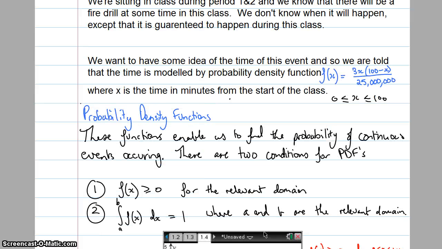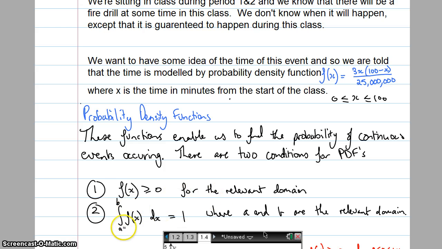One of the conditions is that all of the graph needs to be above 0, above the x-axis, for the relevant domain. So for this graph, it has to all be above the x-axis between 0 and 100. Or it can be on the x-axis as well, I should mention that. It doesn't matter what happens outside of that domain, but for that domain it must be all above the x-axis.